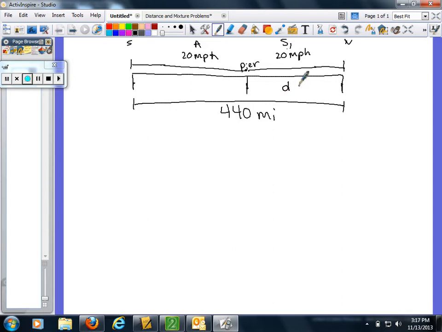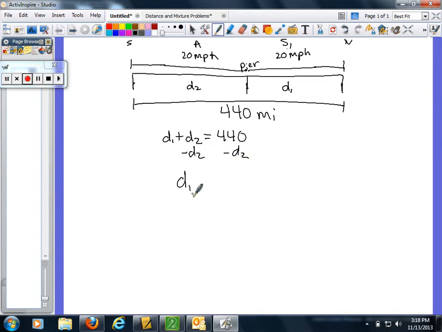If the ship travels D miles, let's call this D1, and we're going to call this D2. I know that D1 plus D2 equals 440, just based on the picture. So if I want to find out how far one of them traveled, then I would solve. So I'm going to say minus D2 to both sides.